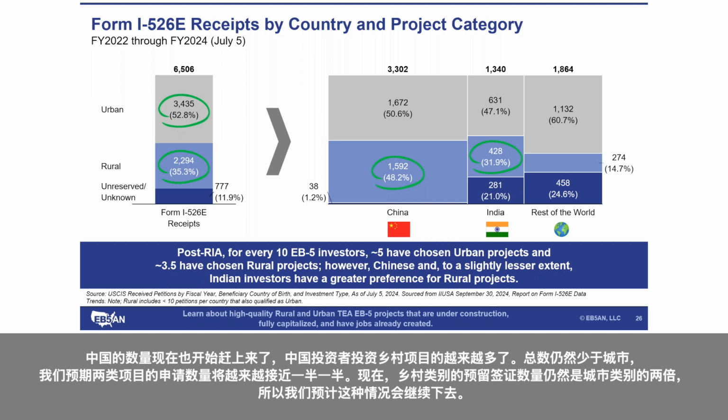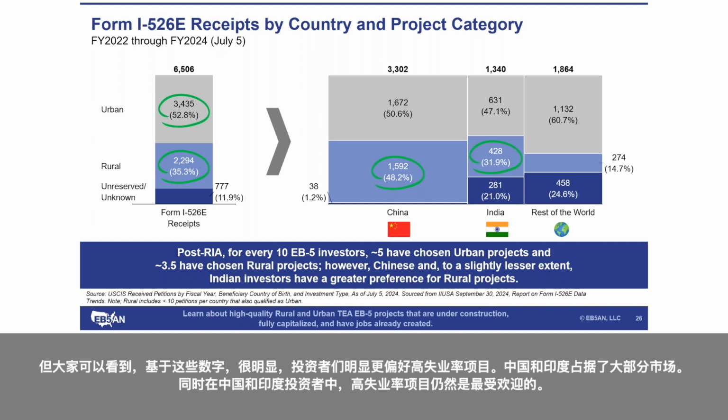It's still less in total than the urban, but this is where we're getting more towards that 50-50 split that we expect to see. Now, there are still twice as many set-aside visas for rural as for urban, so we would expect that to continue, but you can see that based on these numbers, it's very clear that investors have strongly preferred the high unemployment. China and India make up the bulk of the market, and high unemployment for Chinese and Indian investors still does tend to be the favorite.